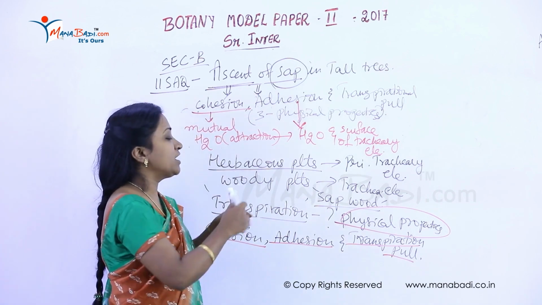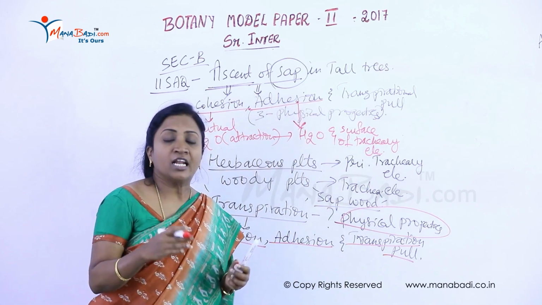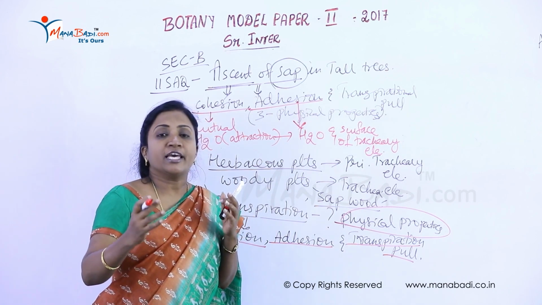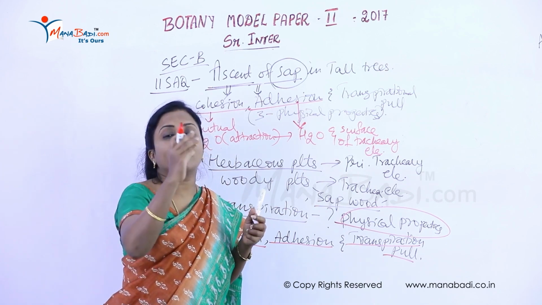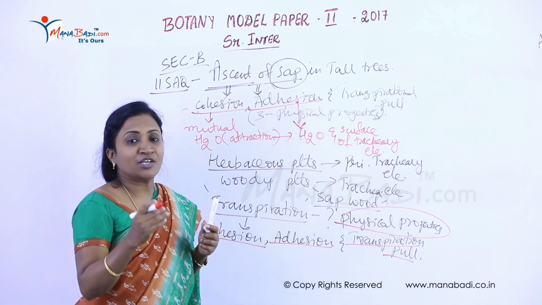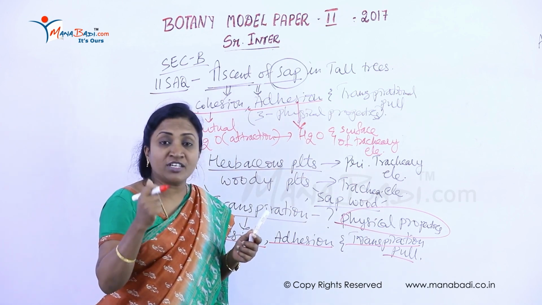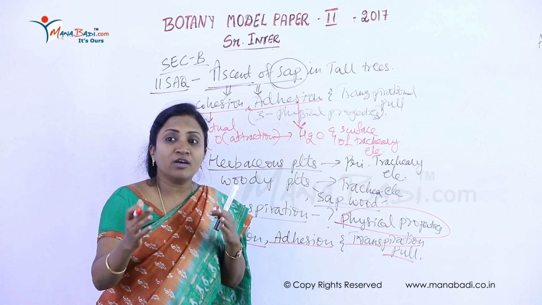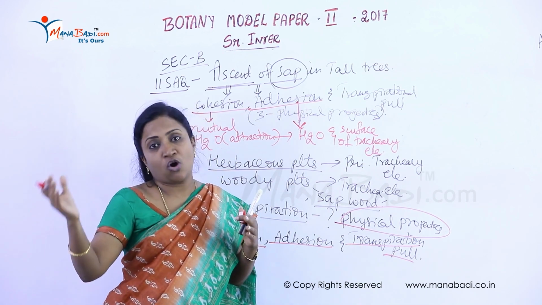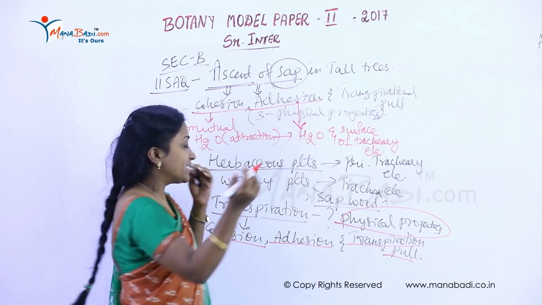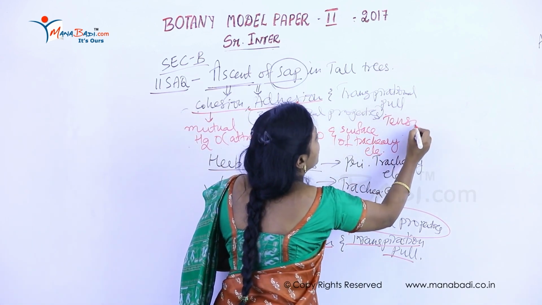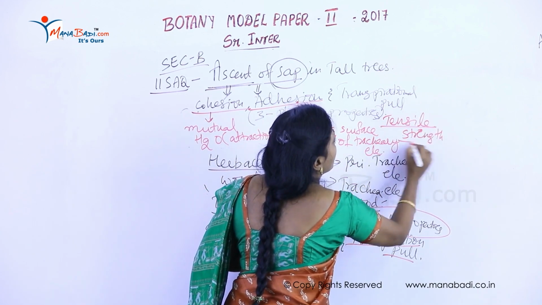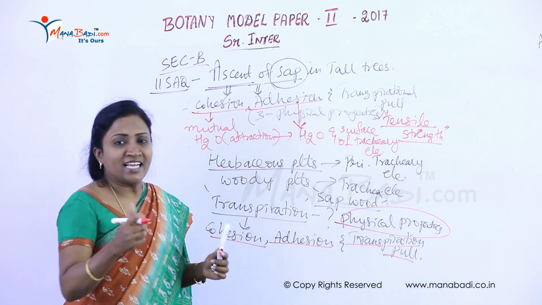So cohesion and adhesion together bring out the water in a continuous water column, providing both the cohesive force as well as the adhesive force. It allows the water to continue in a continuous column against a high tensile strength.